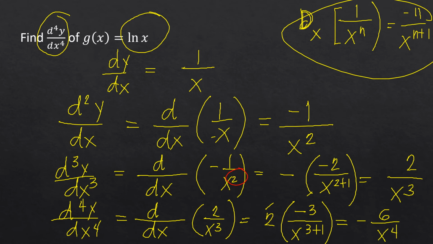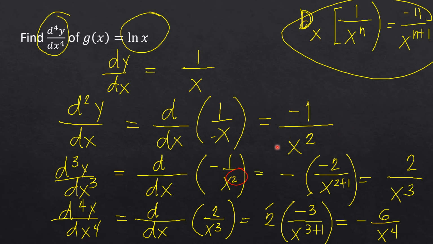So you always go back to the basic rules. Tapos pag sinabi lang naman na higher order derivatives, you just keep on differentiating. Keep on differentiating yung bawat sagot. Kaya mapapansin nyo dito na from first derivative, differentiate natin ang first derivative will give us the second derivative.